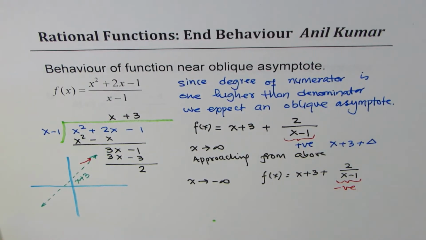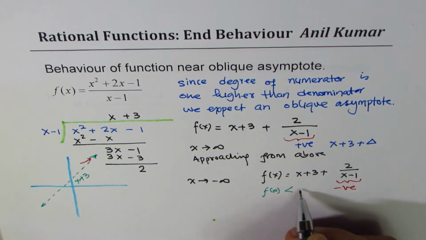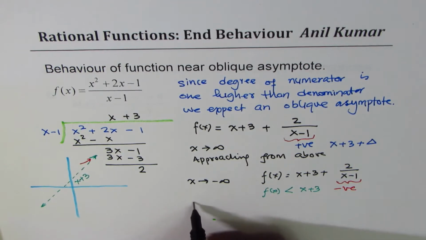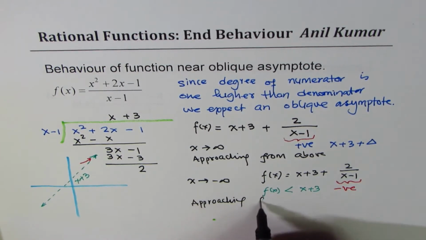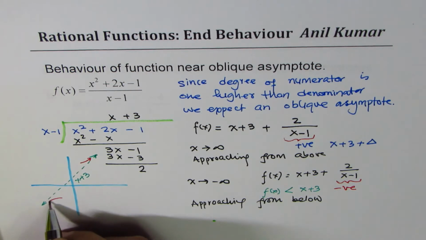That means f of x is less than x plus 3, right? Now since f of x is less than x plus 3, it is approaching from below. So in that case, here it is approaching kind of like this.